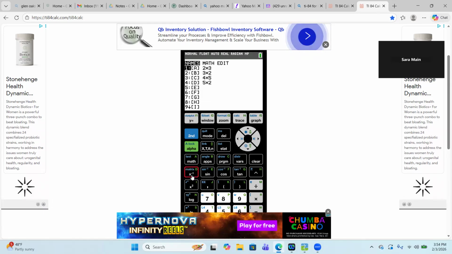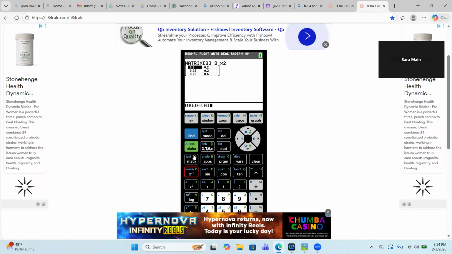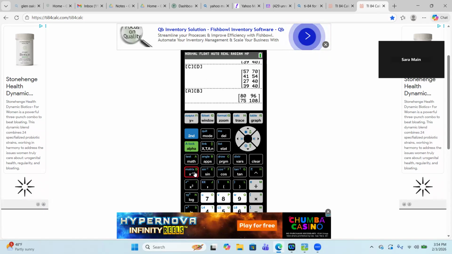So we said P times F, which would actually be A times B. Let's see what we come up with. So let's write down this matrix: 80, 96, 75, 108.